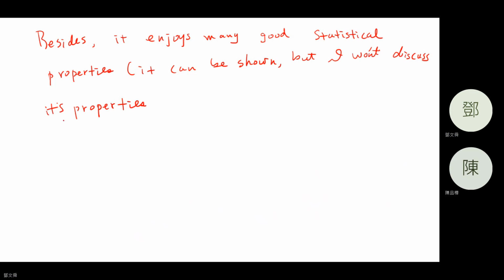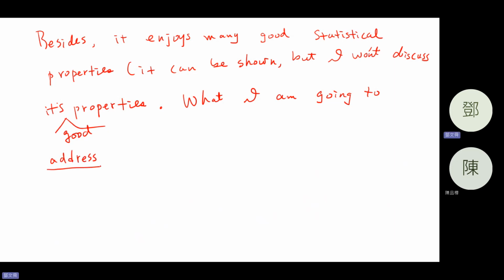It has good properties. But what I'm going to address here is its drawback.